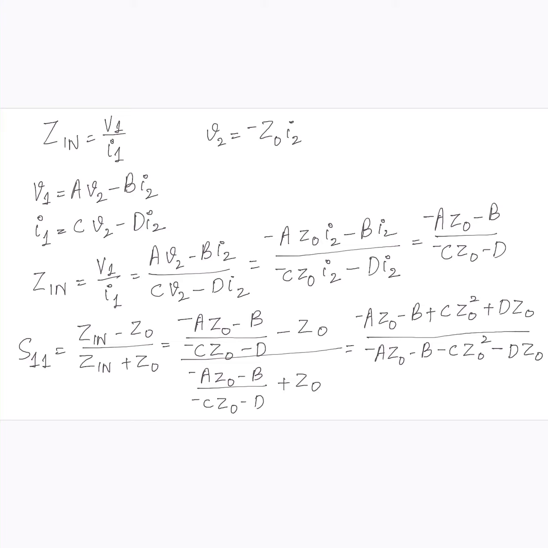So we can divide the whole equation by Z0. We will get the equation as minus A minus B, 1 by Z0 is equivalent to Y0, plus C Z0 plus D, divided by minus of A plus B Y0 plus C Z0 plus D. So we can cancel this negative term.